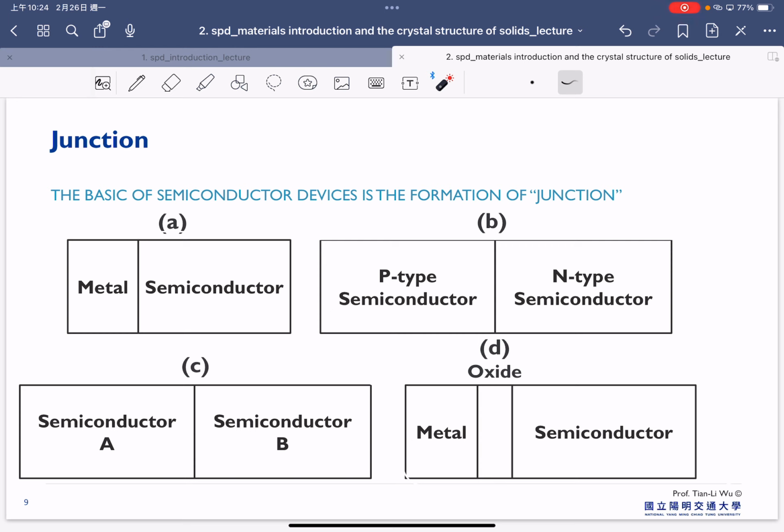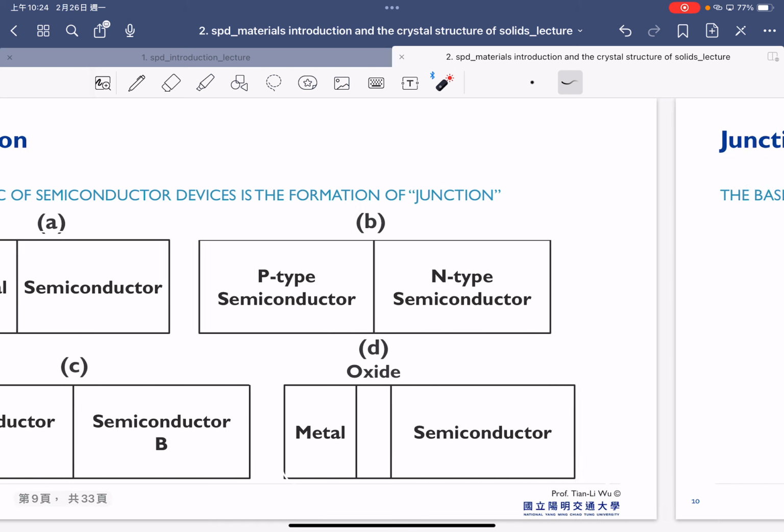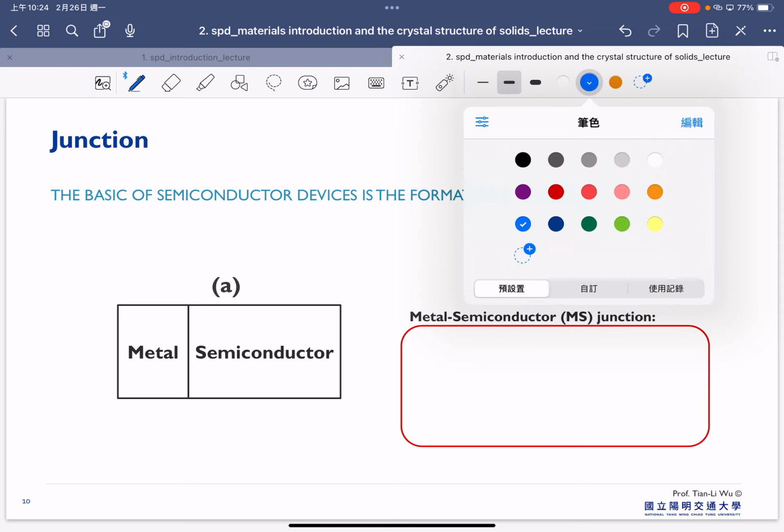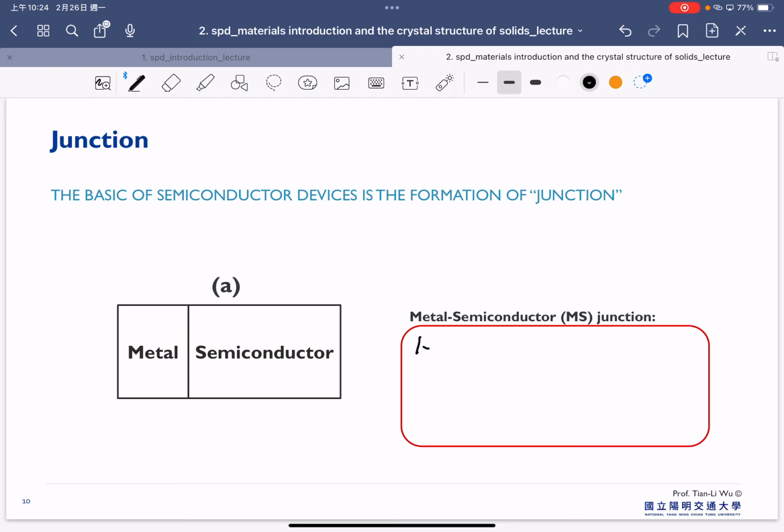So the first one, the metal semiconductor. The metal semiconductor in general can be considered as 3 different types. The first one is the Schottky contact. The second one is the ohmic contact.